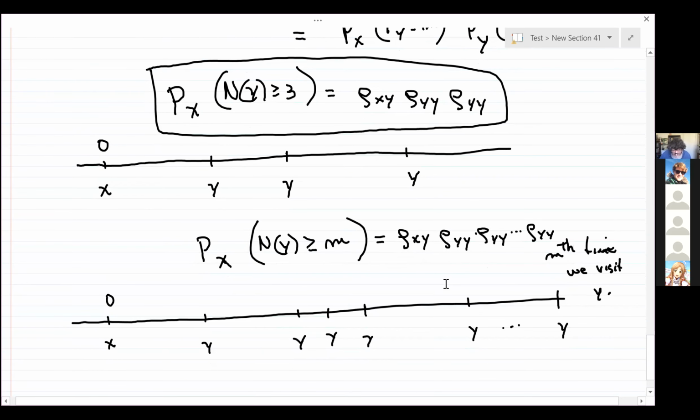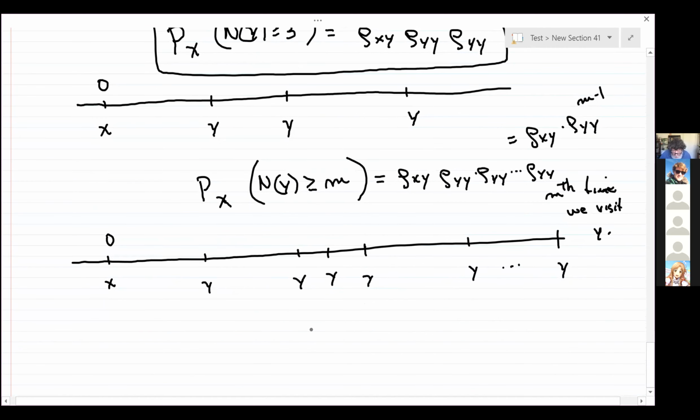So what will this thing become? This whole thing will become rho xy times rho yy to the n minus 1. So if you want the bottom line, start at x and you want to visit y at least n times. The way to calculate that would be rho xy times rho yy to the n minus 1.